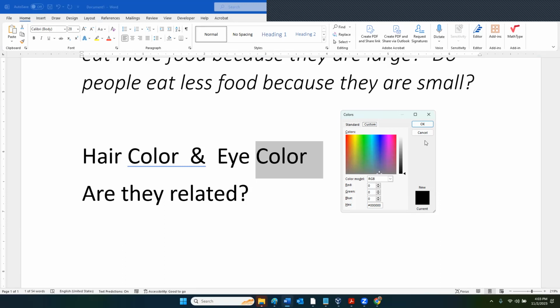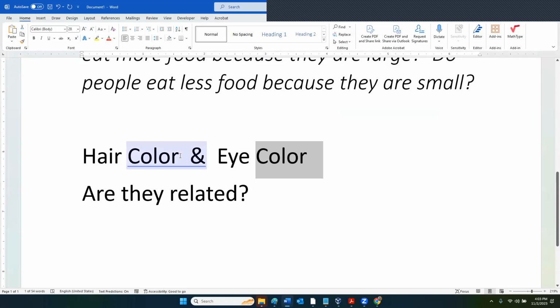Do we measure it in discrete categories, or as a range of values on a continuum? Is hair color normally continuous or discrete data? And stay with me.